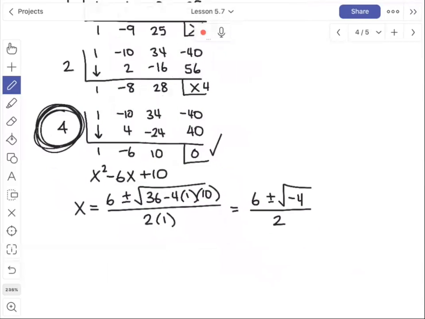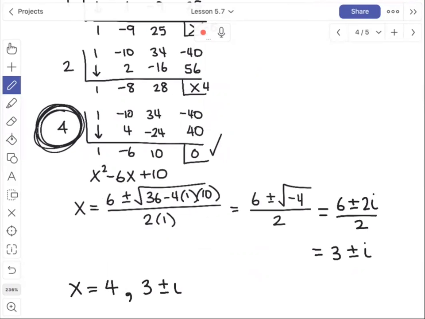And that gets me 6 plus or minus 2i over 2, which is 3 plus or minus i. Okay, so those are my answers. x is 4 and 3 plus or minus i.